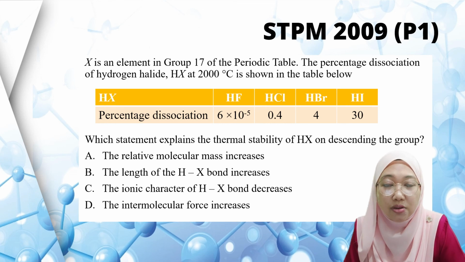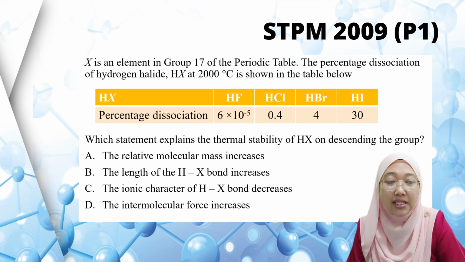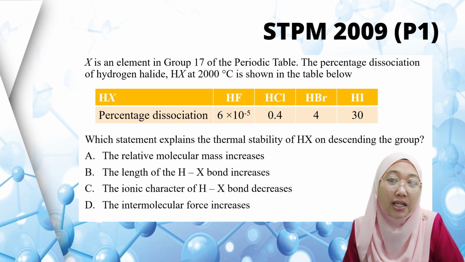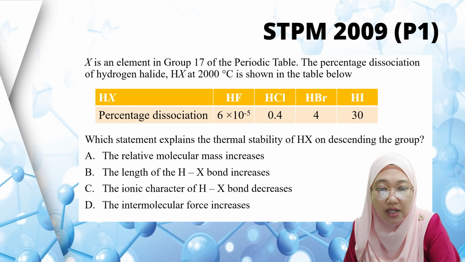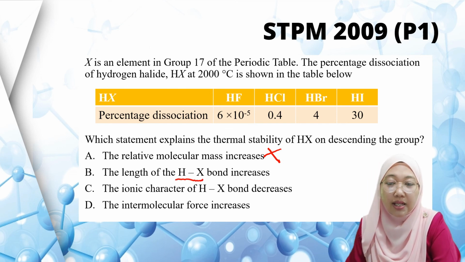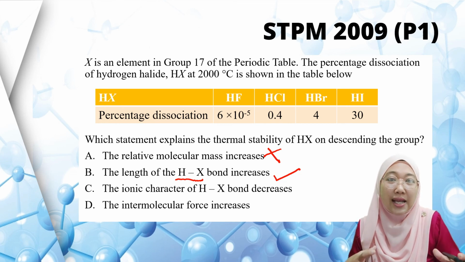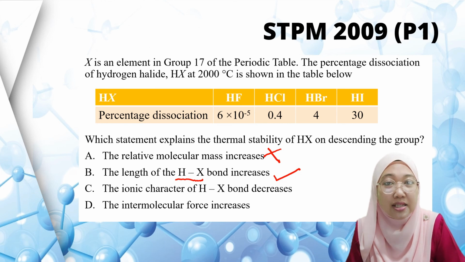The percentage dissociation of hydrogen halide HX at 2000 degrees Celsius is shown in the table below. Which statement explains the thermal stability of HX on descending the group? We know the thermal stability of HX decreases going down the group. So what is this related to? Relative molecular mass? The answer is correct but not precise. The length of the bond, yes. We just discussed this, where when the bond length becomes longer, the attraction becomes weaker, so it easily dissociates. So the answer is B.